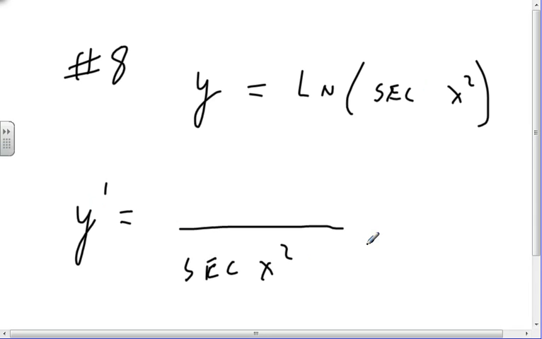That way I don't have to fumble around. The derivative of the secant is secant tangent. Okay, so I'm going to have secant x squared tangent x squared. The derivative of x squared would be 2x, and I'm done.